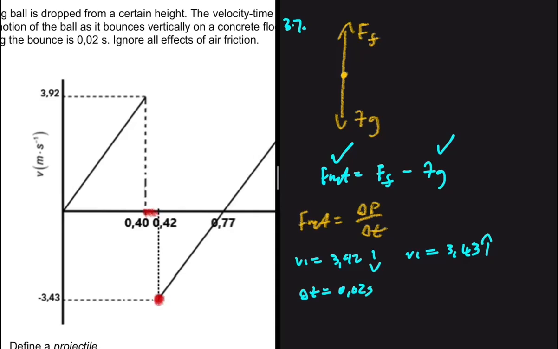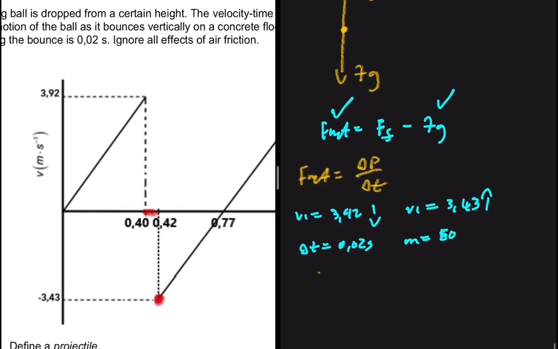So that seems like we have F net covered. We know that the mass is equal to 50 grams. FG, we also have it covered, because FG is our utmost simple case, right?